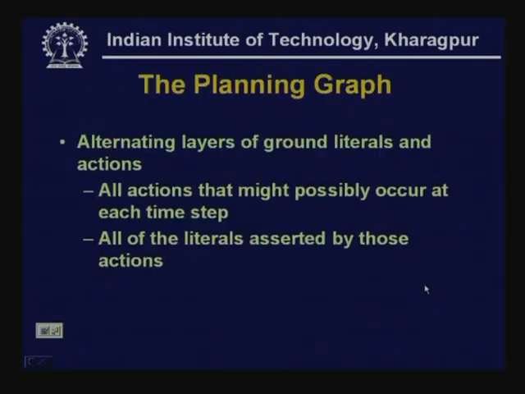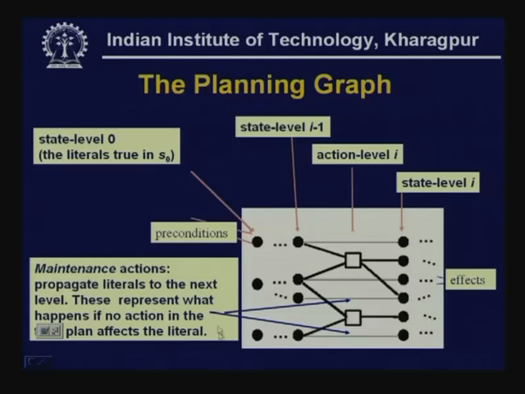So, in a planning graph, as we see, there are alternating layers of ground literals and actions. So, at the action level i, we have all actions that might possibly occur at that time step, and at Pi we have all the literals that are asserted by these actions.